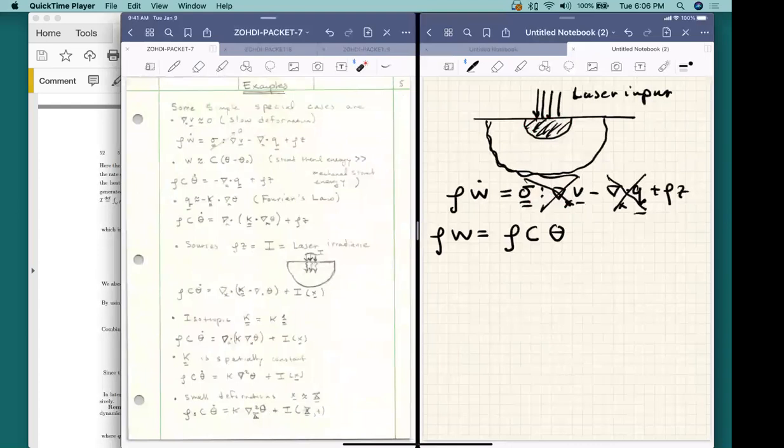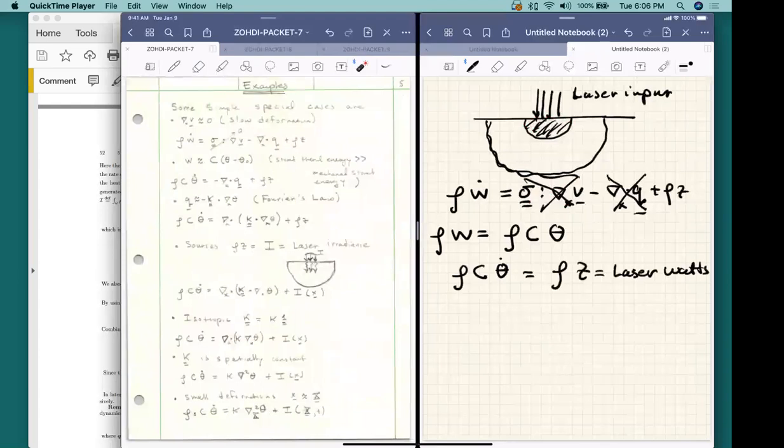So those two things lead to the following equation. I'm left with rho C theta dot, okay, is equal to rho times Z. Now, rho times Z is actually the laser input in terms of watts.